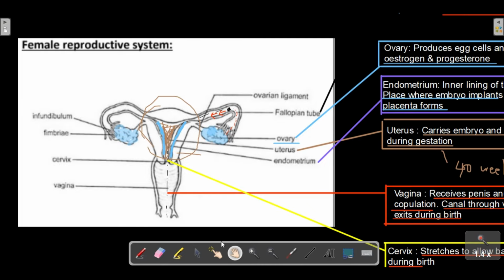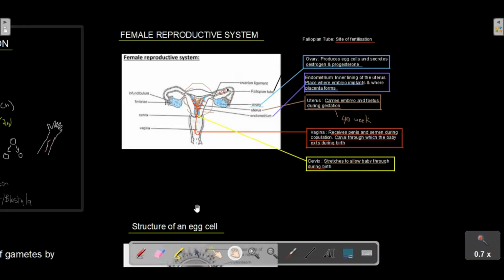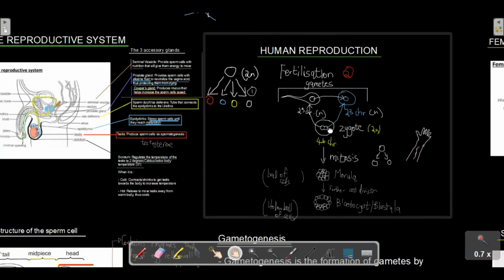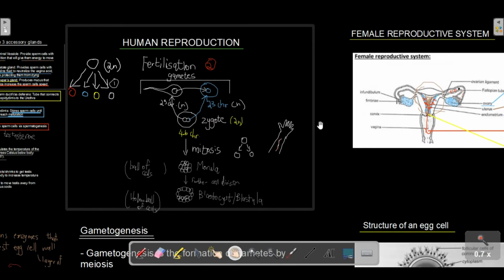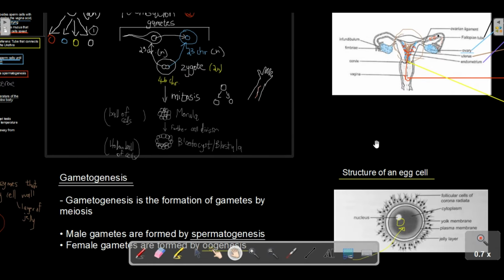The endometrium gets thicker and thicker during the menstrual cycle, and if fertilization does not occur, it breaks apart and disintegrates. During menstruation, this is what females get out of their body, the endometrium. So this is what goes out. And those are the two reproductive systems that enable reproduction to occur in the human race.